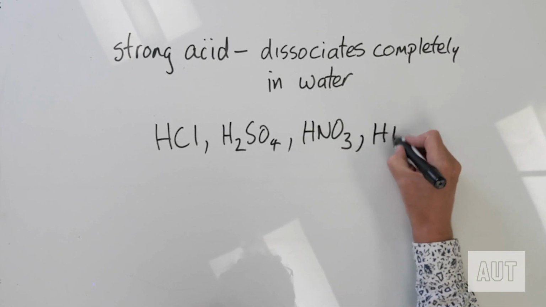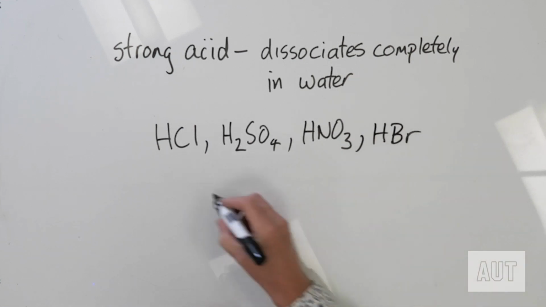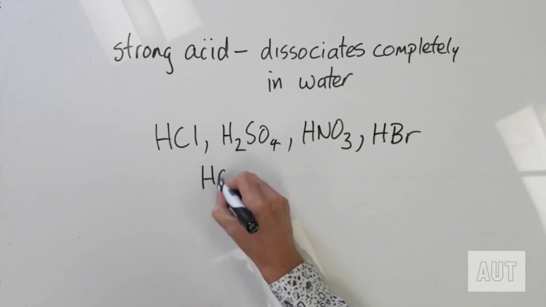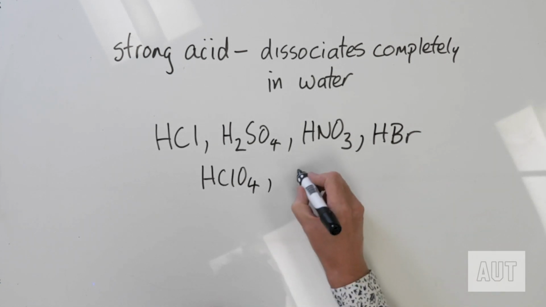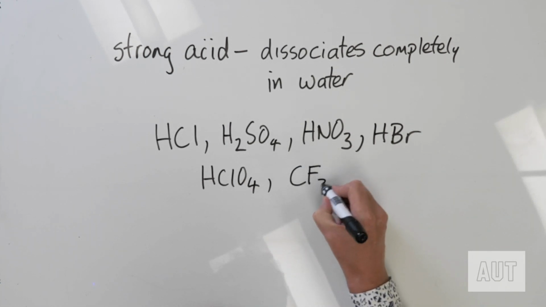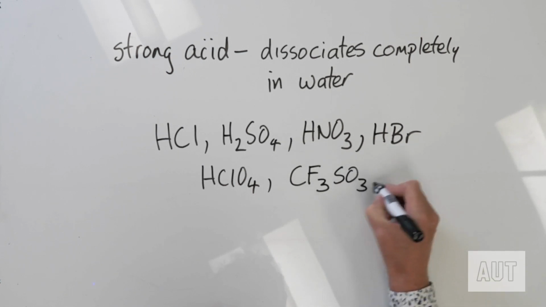What else have we got? We've got HBr is another strong acid, hydrobromic, HClO4, perchloric, that's a strong acid. And if we want to get really exotic, we could go CF3SO3H, trifluoromethane sulfonic acid. Try saying that 10 times fast.